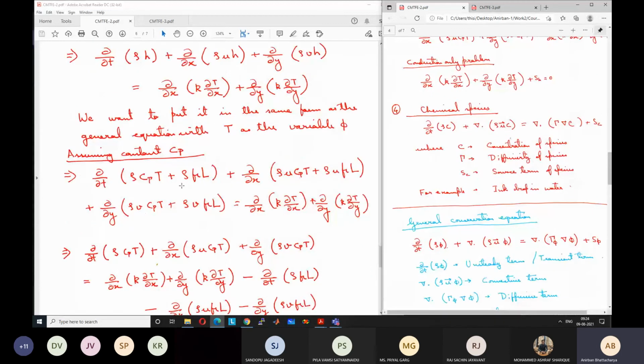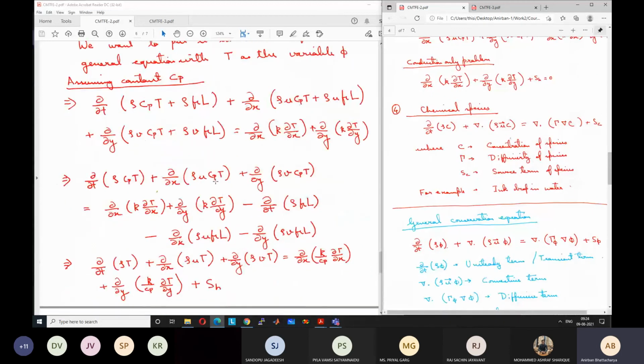So to put in this form, we don't want these latent energy terms on this side. Okay. So what we can do is write this as del t of rho CpT plus del x of rho u CpT plus del y of rho v CpT. So these three terms on the left hand side.